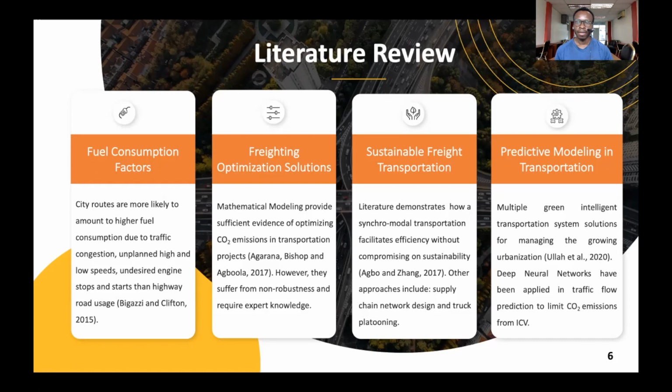Okay, then the last part looked at the predictive modeling, which is the machine learning part. We've got intelligent transportation systems, which are being applied using, if I may, classical machine learning as well as deep learning algorithms in traffic flow predictions, thereby limiting carbon emissions from internal combustion vehicles.